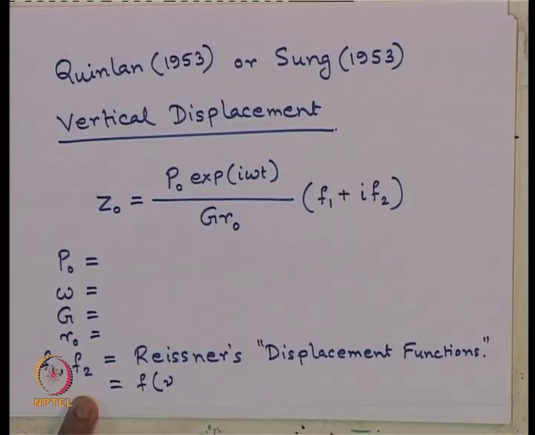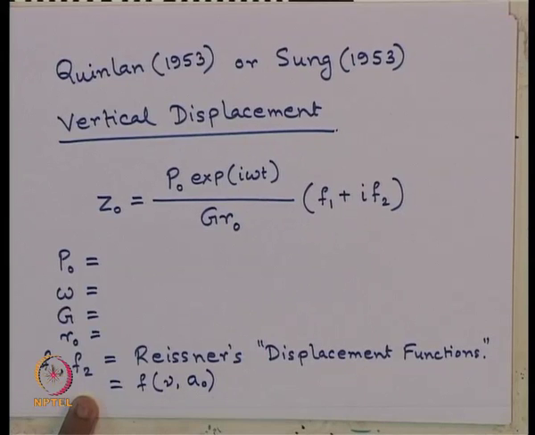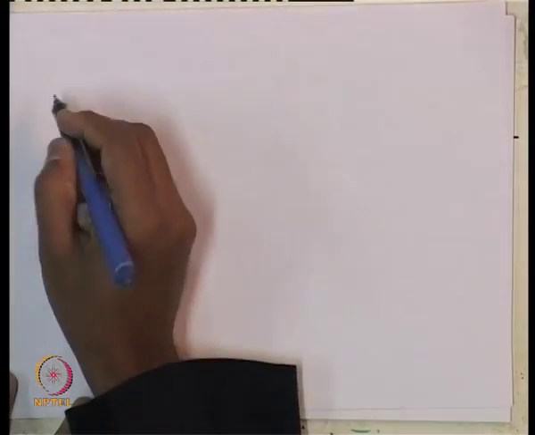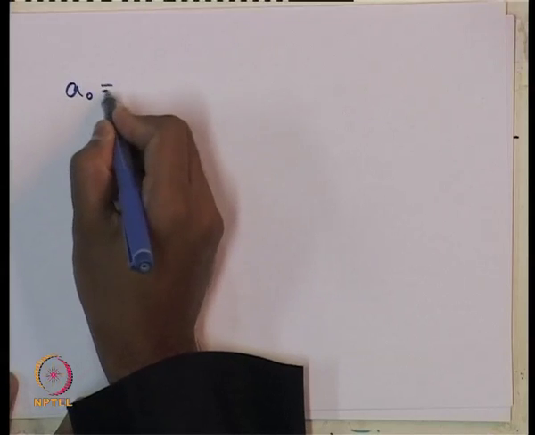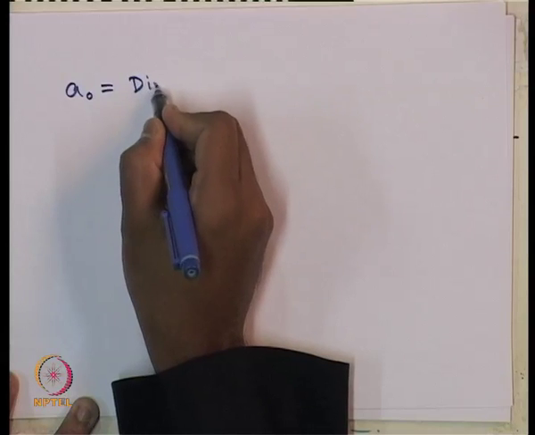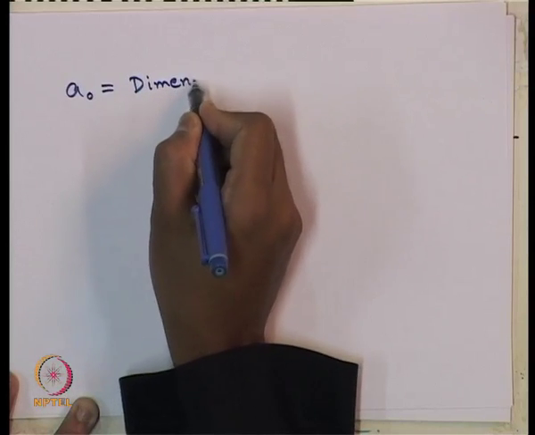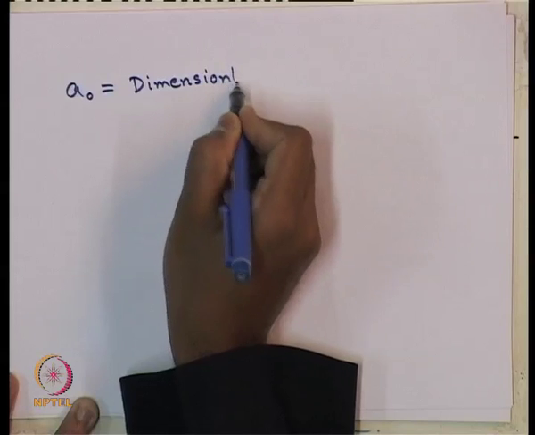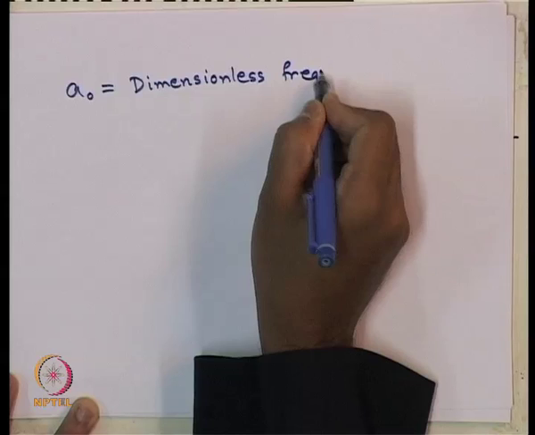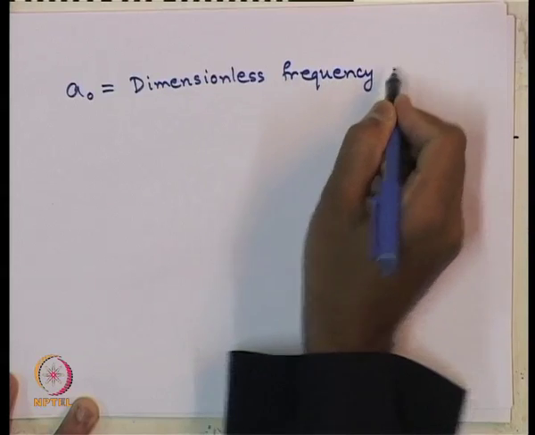One is Poisson's ratio and another term Lysmer has defined, a naught. What is a naught? Let me define that. A naught is defined by Lysmer as dimensionless frequency term.